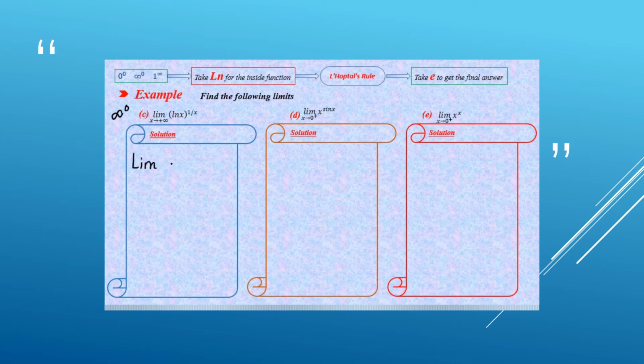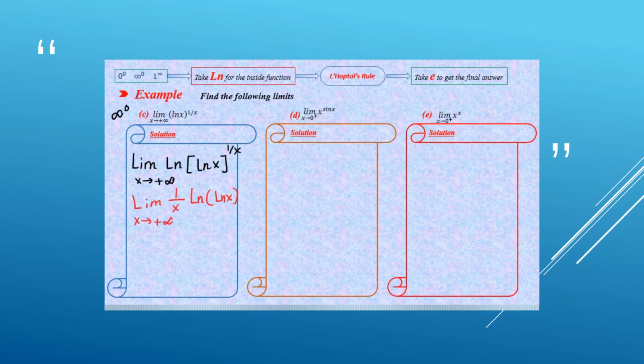You will get limit of ln of (ln x) to the power 1 over x. Put the power down. You will have limit 1 over x times ln of ln x when x goes to positive infinity.